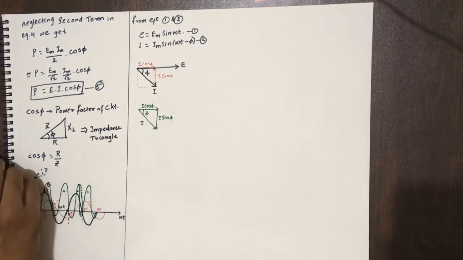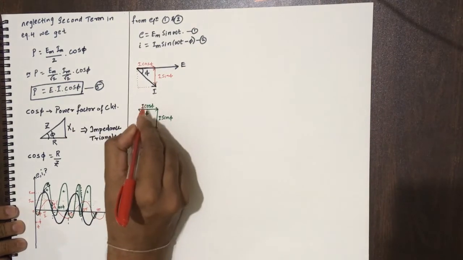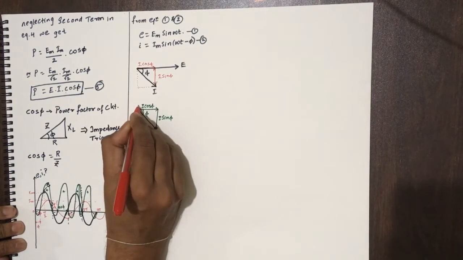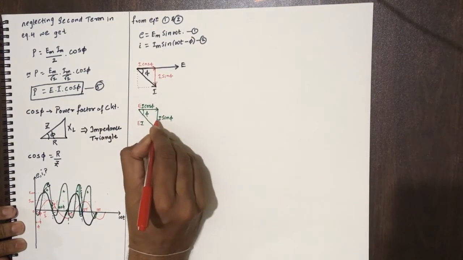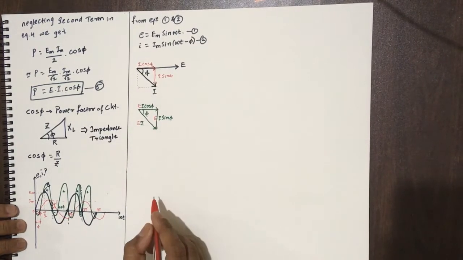Now if I multiply the voltage with all the three currents, let us take EI cos phi and EI sin phi.